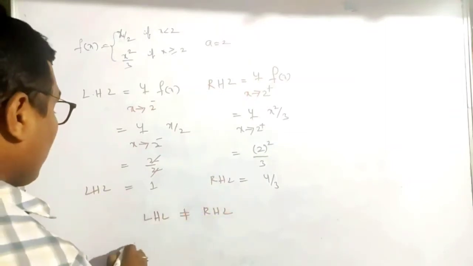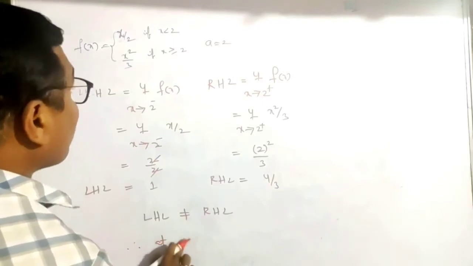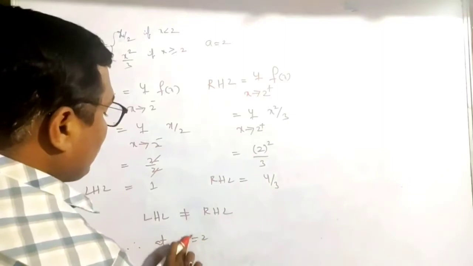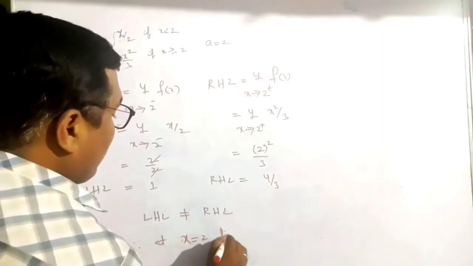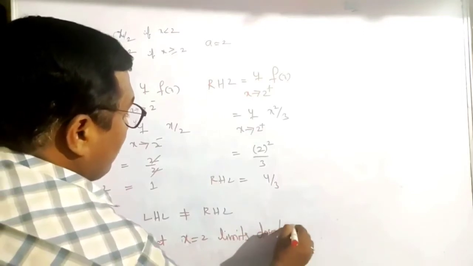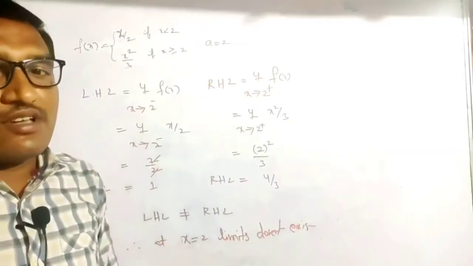Therefore at a is equal to 2, the limit does not exist. This way you will check whether the limits exist or not.